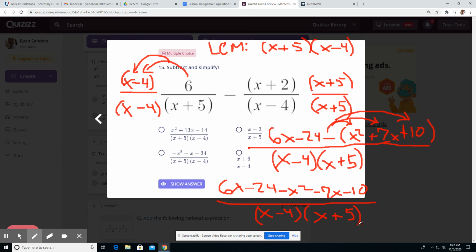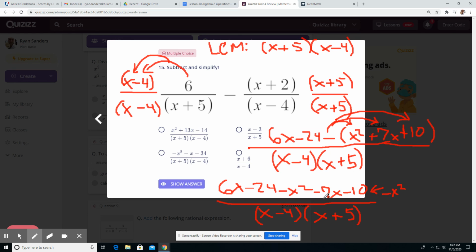And we're just going to combine like terms on the top. Uh-oh, things might cancel, so we've got to be careful about that. So it could be reducing. So that's what I've said we always have to be careful of. That's why we keep it in the factored form on the bottom, because it might reduce. So let's check. All right. So what does the top reduce to? Let's just look at the top. My hand's starting to hurt writing this over and over again. So we got a negative x squared.